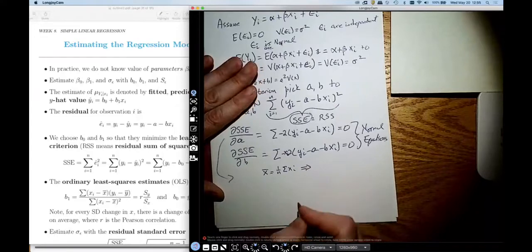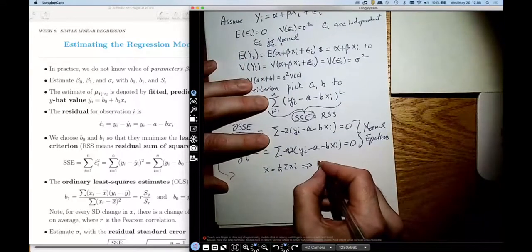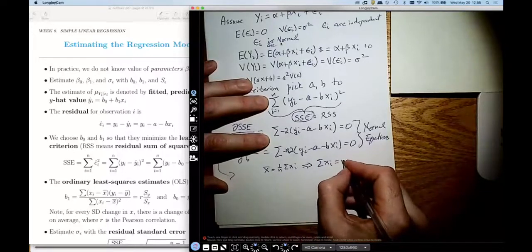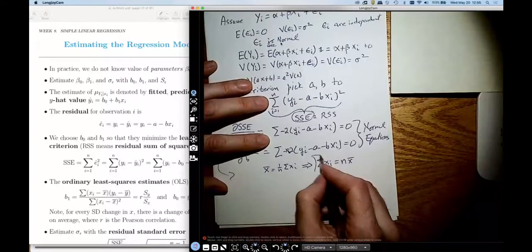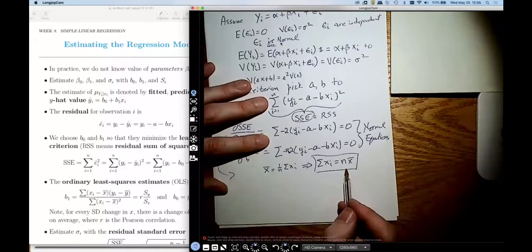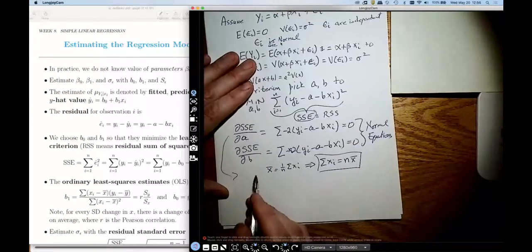But we can do something extremely simple, multiply both sides by n, and make a conclusion that the sum of x i is just n times x bar. So there's nothing that complicated about this, but this is a result that we're going to use many, many times in this video, and I just wanted to remind you of this.